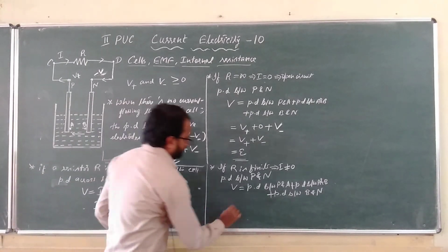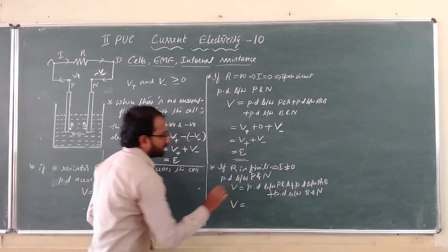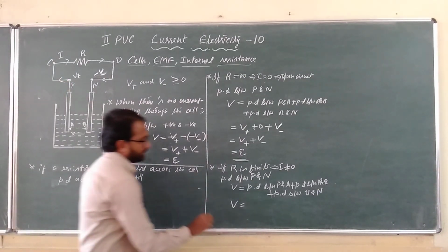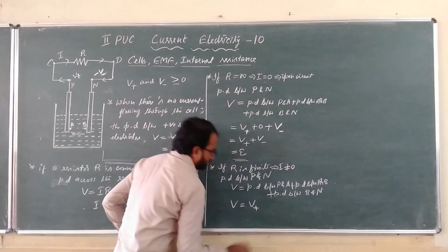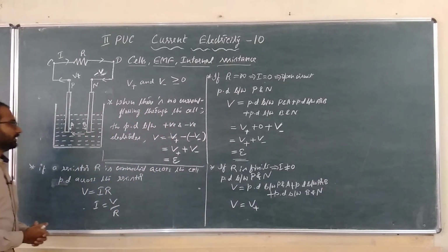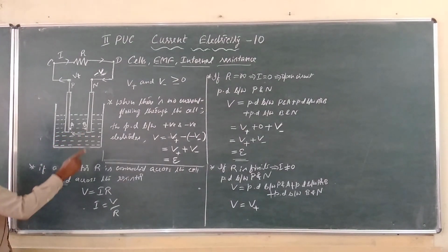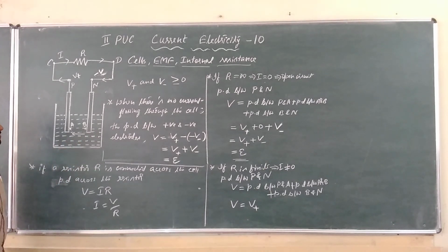Okay, so therefore V is equal to, now the potential difference between P and A is V plus, since the positive electrode maintains a potential difference of V plus with respect to the electrolyte solution. So now what is the potential difference between A and B? It is not zero. The potential is the same only when no current flows through the cell.